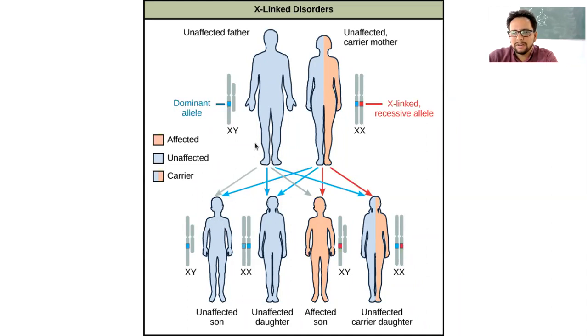In the first case, the Y is passed on to this son along with the normal X, the blue X, from the mother. So normal X and Y from the male gives an unaffected son. In the next scenario, the normal blue X from the male and the blue X from the female are passed down to this unaffected daughter. These two will have no effect, even though the mother is a carrier.